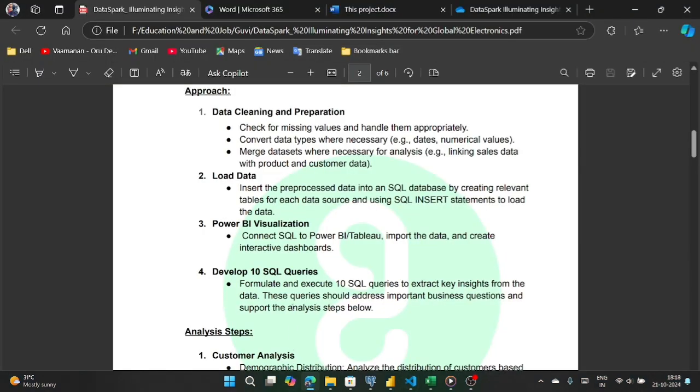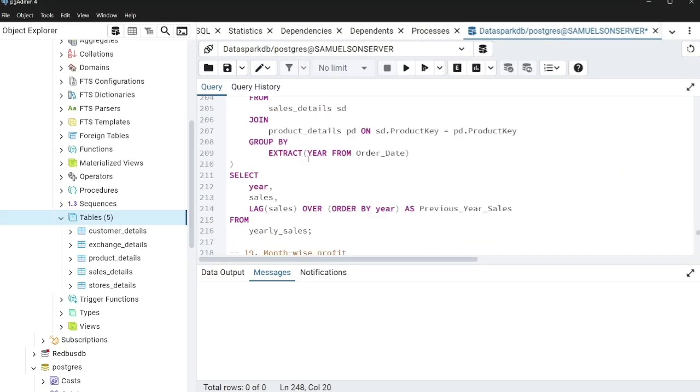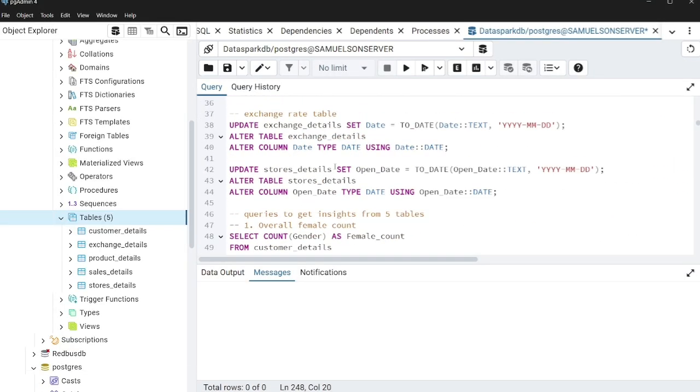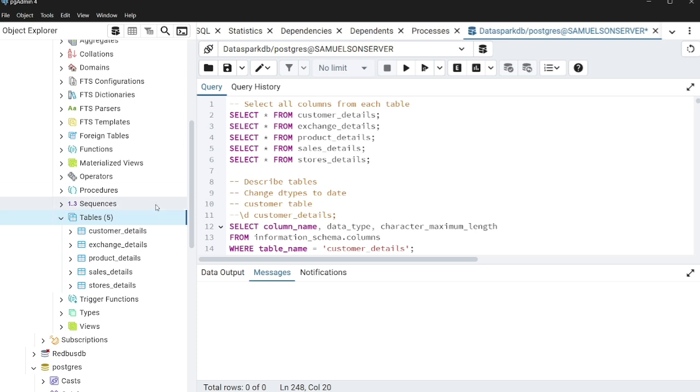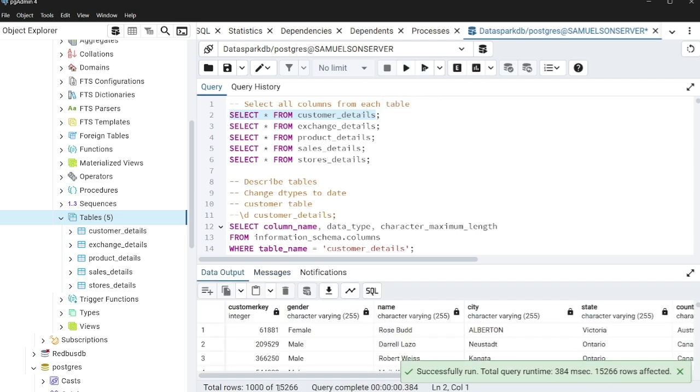We can see right here there are tables. This is the PostgreSQL interface. This is a server and here's the database. In this database we have 5 tables: customer details, exchange details, product details, sale details, and stores.